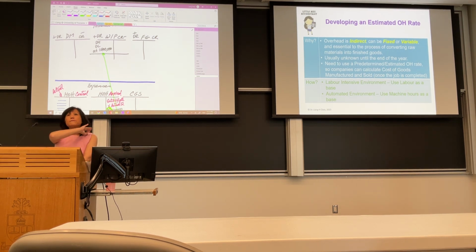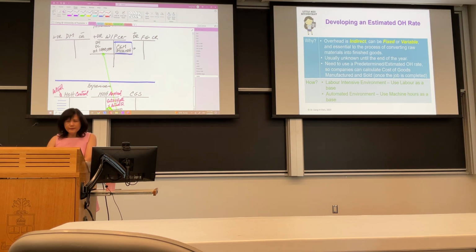If you finish some of the product going to finished goods, this is called cost of goods manufactured. Inside cost of goods manufactured, I have three things: direct material, direct labor, and overhead.